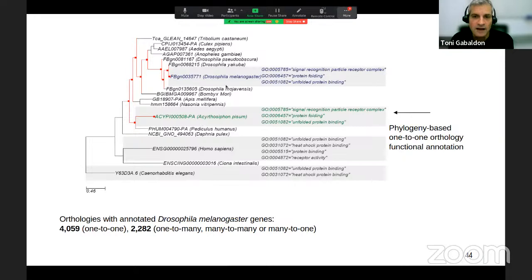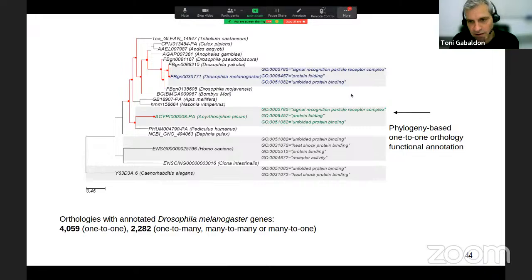We used the trees, and we could transfer functional annotations like GO terms from Drosophila genes, but we could have different sets of rules to transfer these. For instance, a one-to-one relationship is more confident than a one-to-many, many-to-many, or many-to-one relationship. But still, you can annotate this to a certain level.